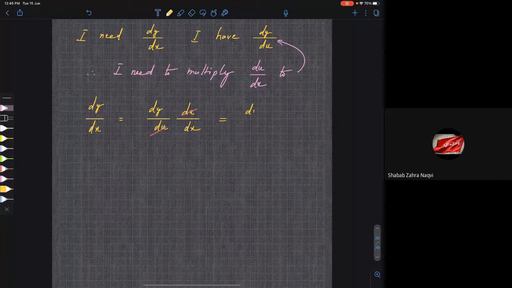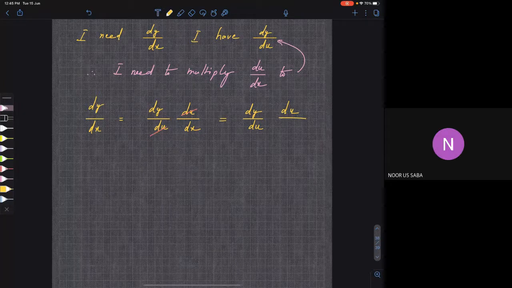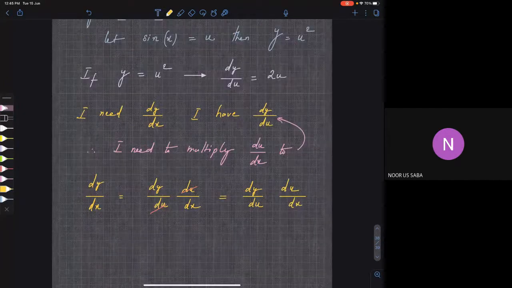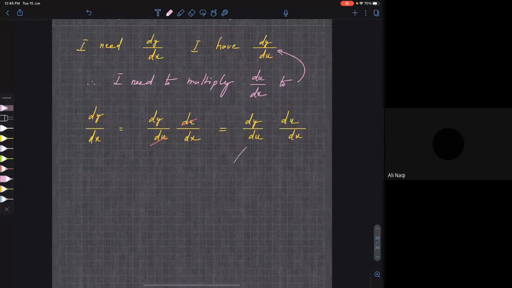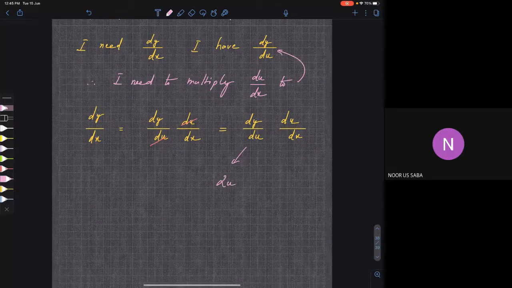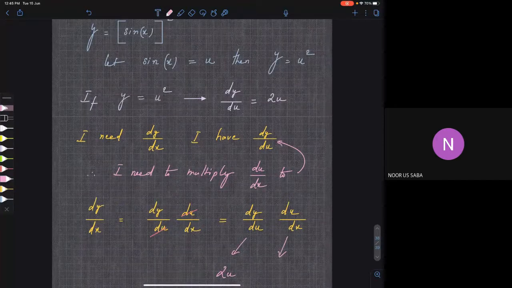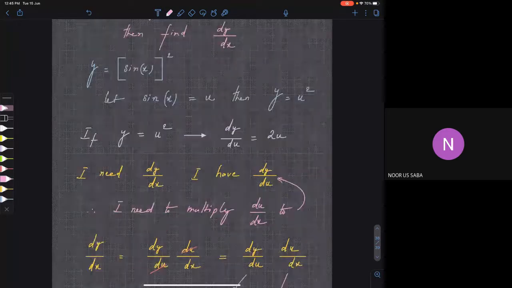So I'm writing it again. What is dy by du? And what is du by dx? Now dy by du you already have. What is that? 2u. So this is 2u. And what about this du by dx? I can find from here.